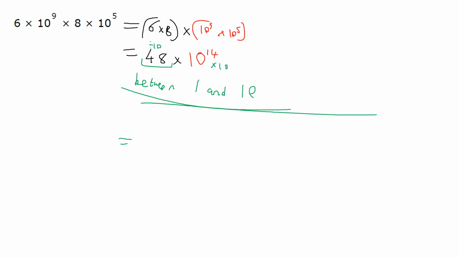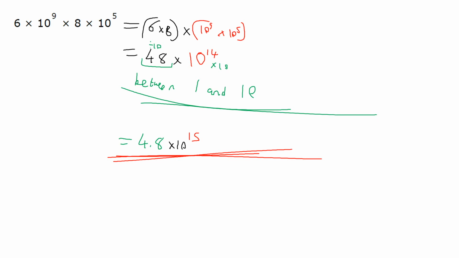So what's 48 divided by 10? 48 divided by 10 is 4.8. And then we need to times by 10. What's 14 plus 1? 14 plus 1 is just going to be 15. And so that is our final answer.